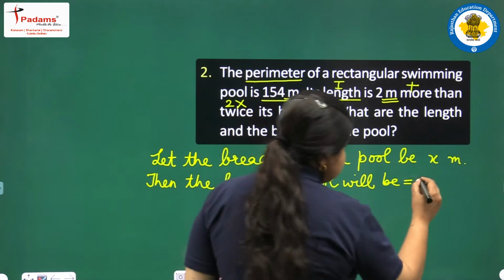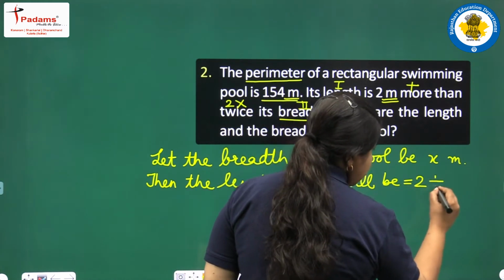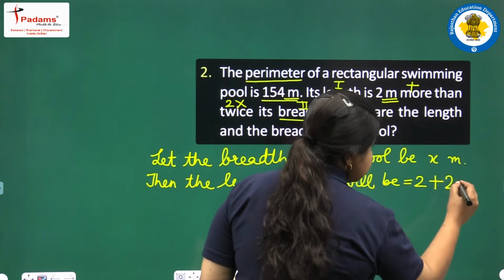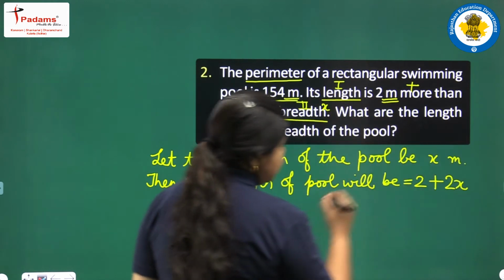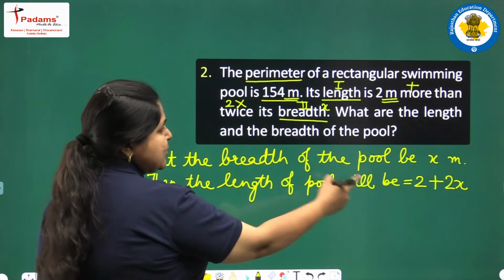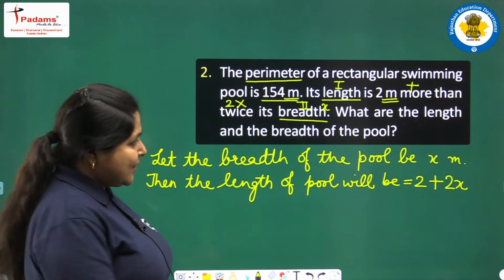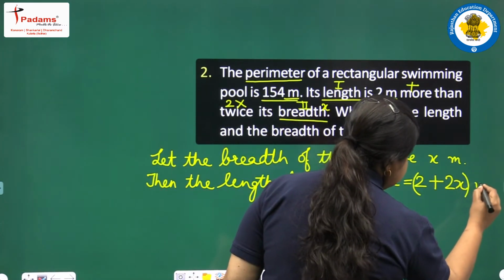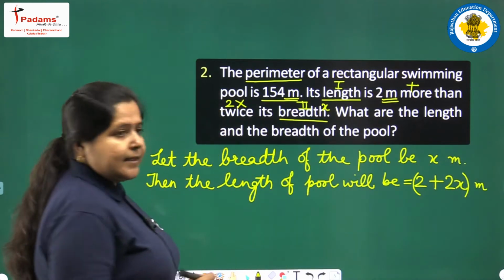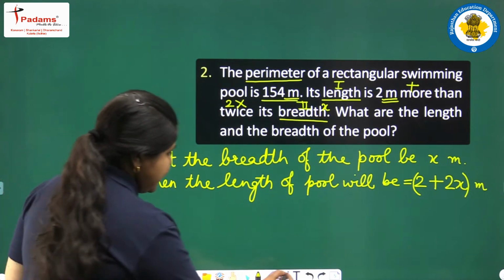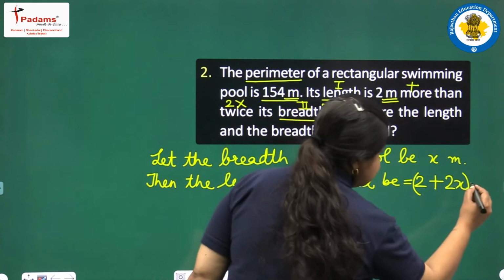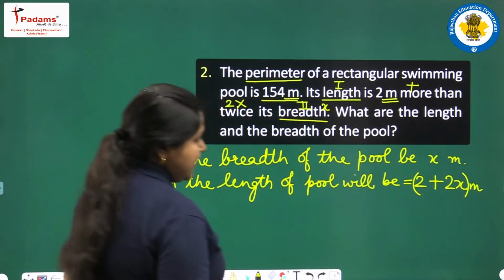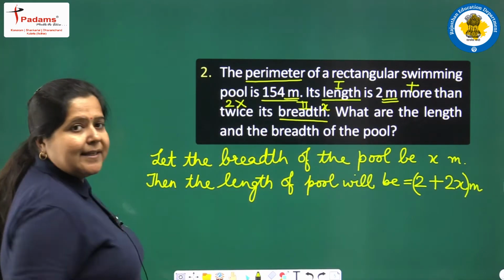So it will be 2 meters more than twice the breadth. 2 into x. 2 into x is nothing but 2x. So this is the length. We can give it a bracket and write its unit on the side. Let me take it somewhere near meter. So this is the breadth and this is the length.